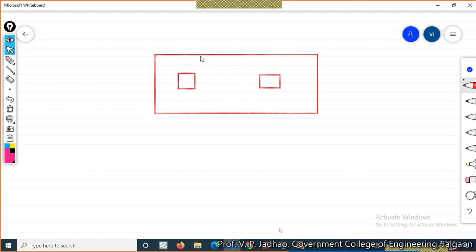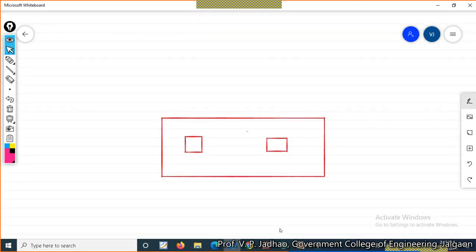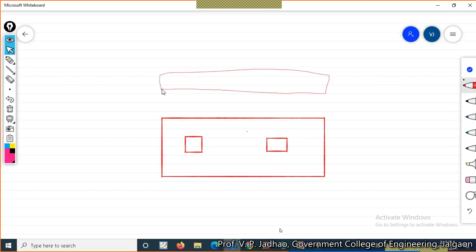Okay, so some load W will be acting on this column and the second column. In elevation it will be something like this. It will be your footing base, something like this.